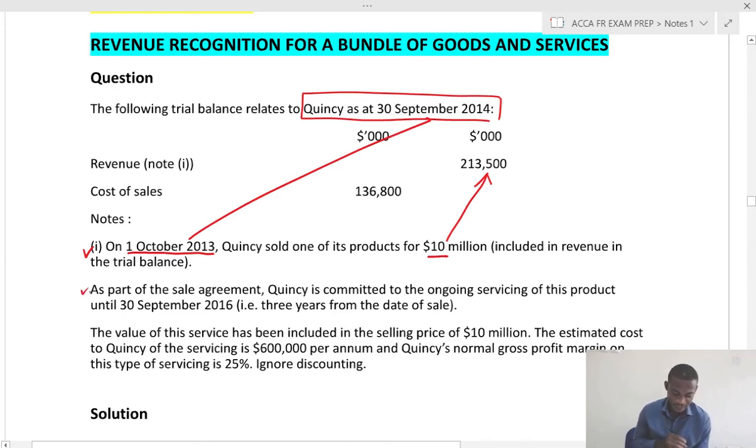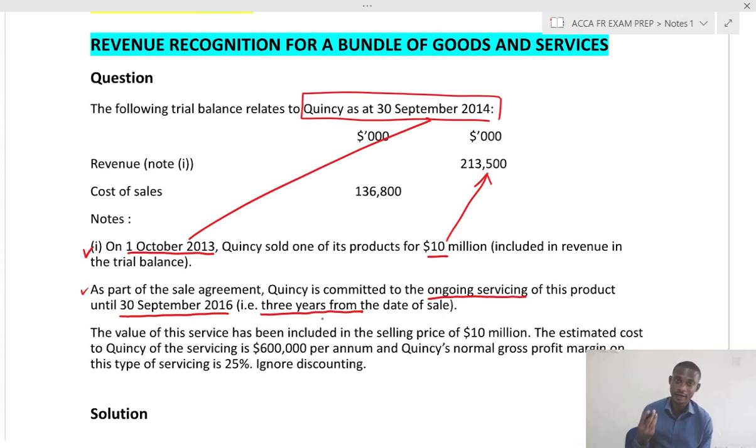As part of the sale agreement, Quincy is committed to ongoing servicing of this product until 30th September 2016, and that will be 3 years from the date of sale. Now, if you're not given this number, you should be able to count yourself to know the number of years for the servicing. Because 2014 will be the first year, 2015 second year, 2016 the third year. So you can actually verify that.